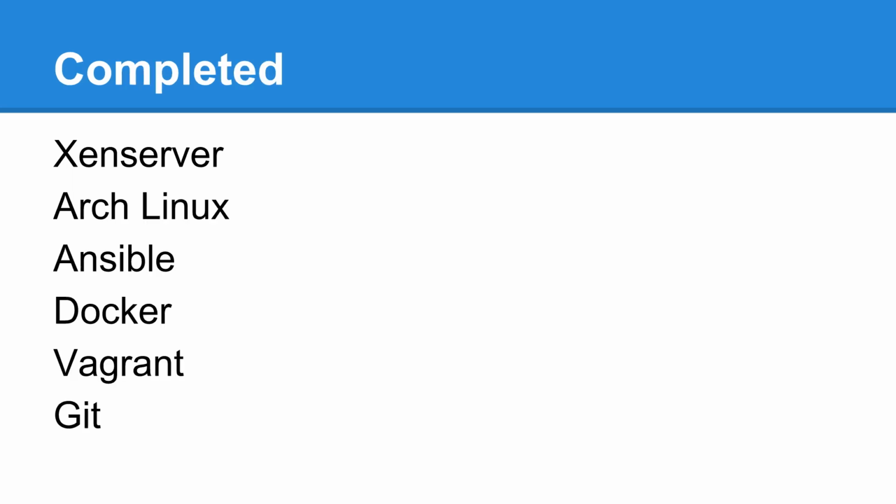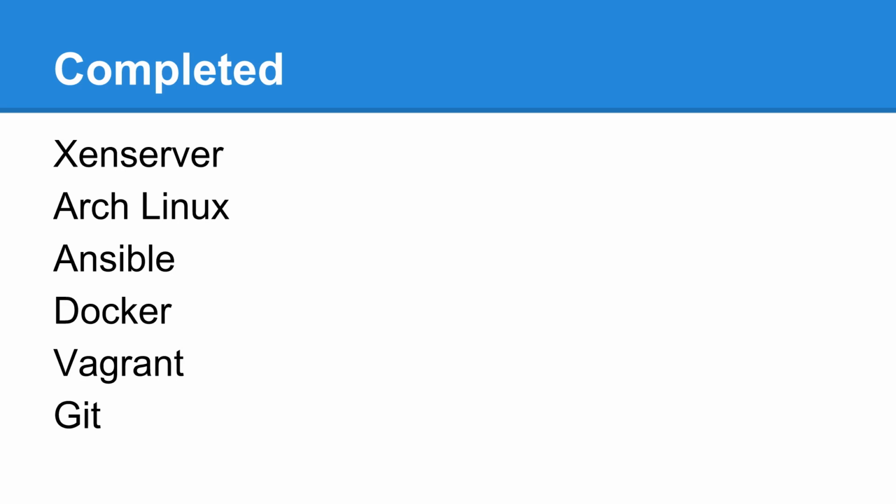What I was able to accomplish is I got the Xen server up and running, and I did run into some problems and decided to get rid of Xen server because it was unnecessary and redundant, because Vagrant can do virtualization, it can do full VMs and create them.